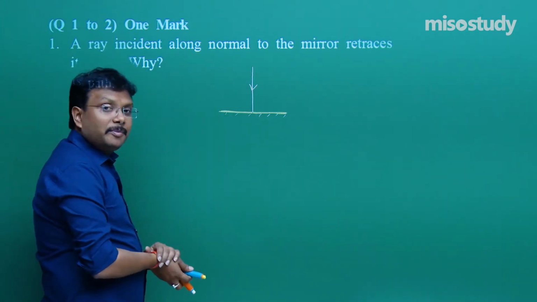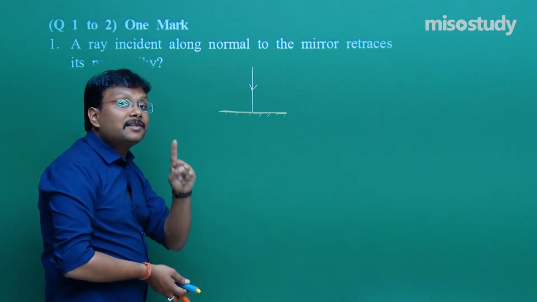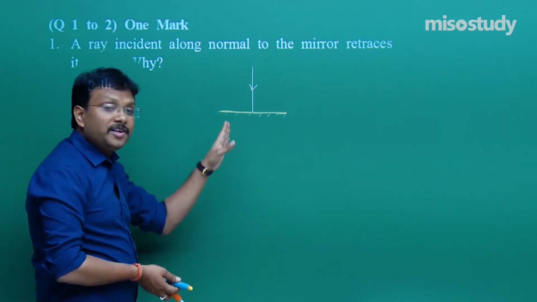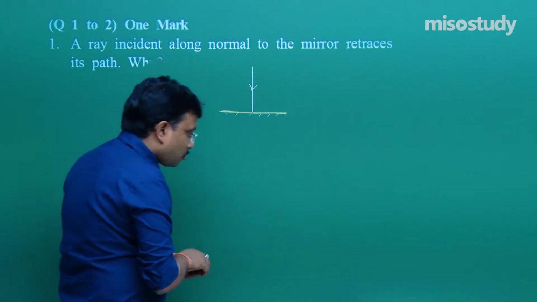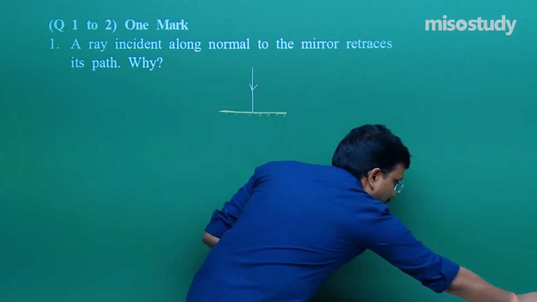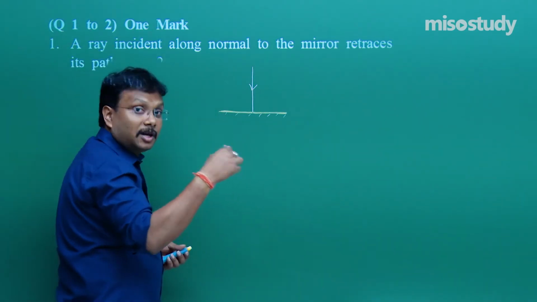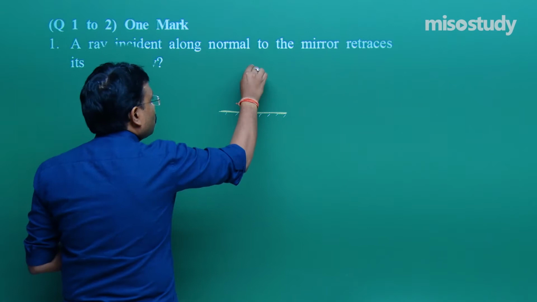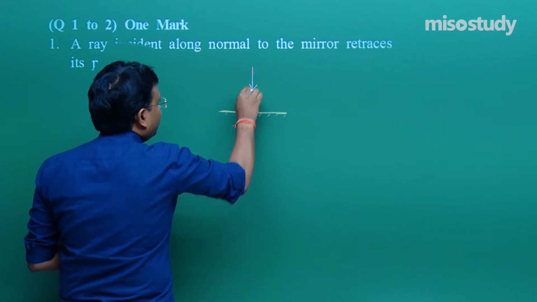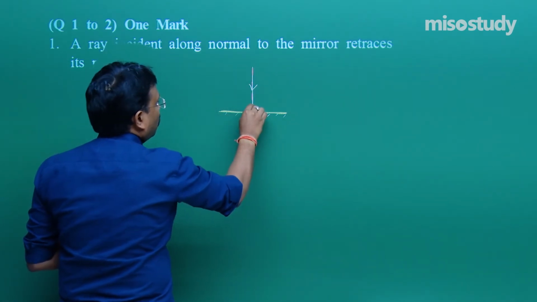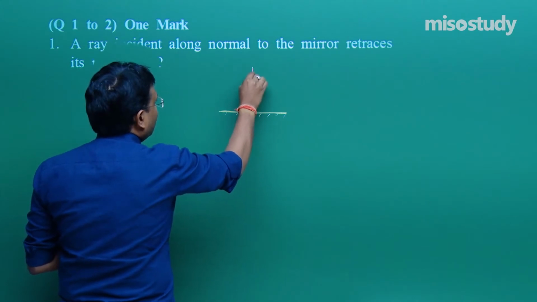The question says it retraces its path. Obviously it will retrace its path. I will use a different color chalk to show the reflected ray. The reflected ray, my dear students, will follow this dotted red path.